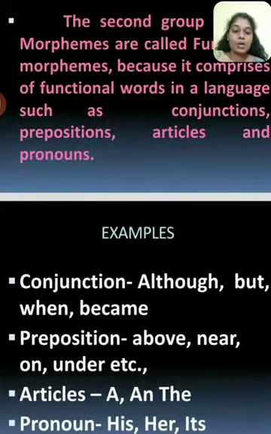Prepositions: above, near, on, under, but. Articles: a and the. Pronouns: his, her, its, everything. These are all called functional morphemes.